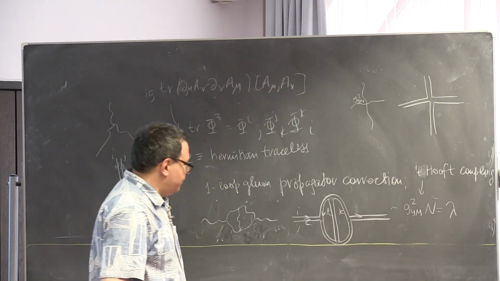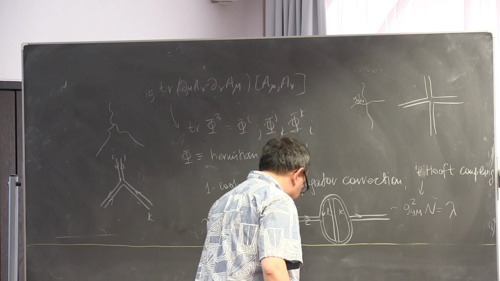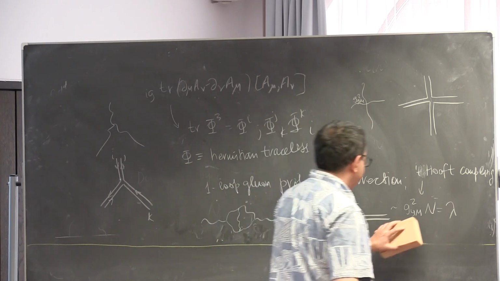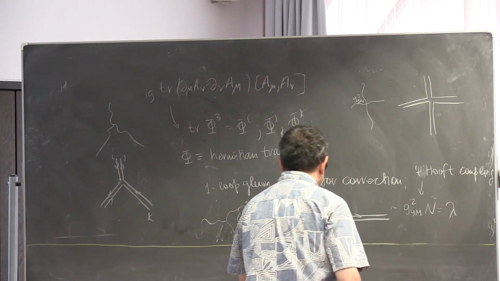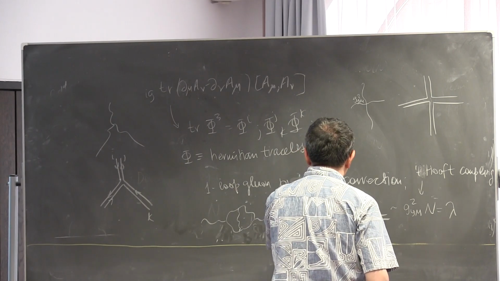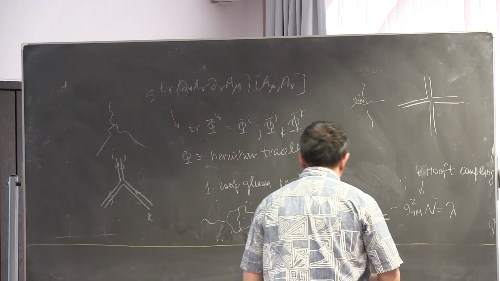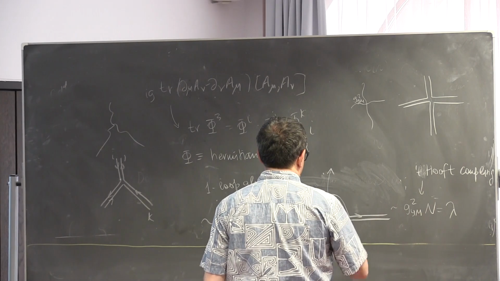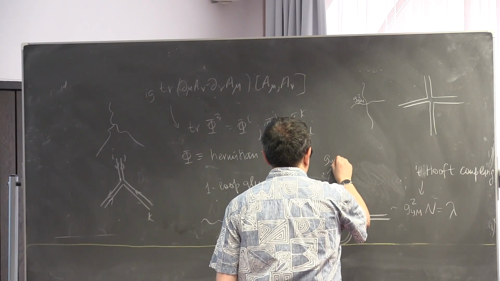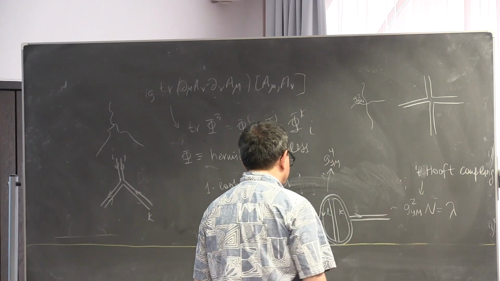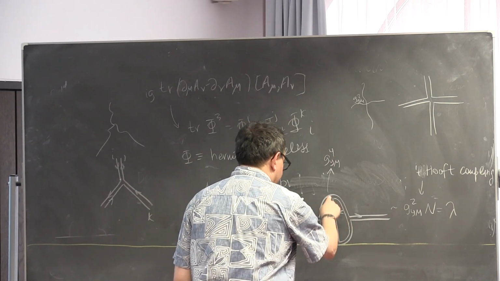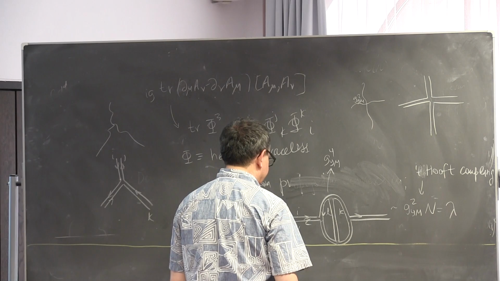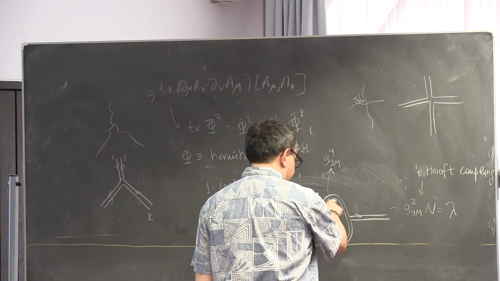Agreed? So now let's look at what the order of this graph is. This graph now will be g Yang-Mills to the 4, because there are 1, 2, 3, 4 couplings, and then there are two separate loops.